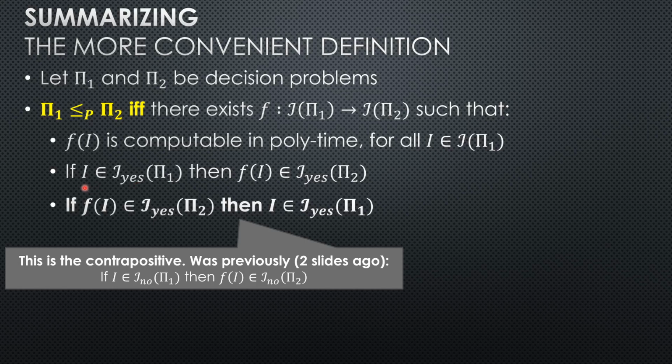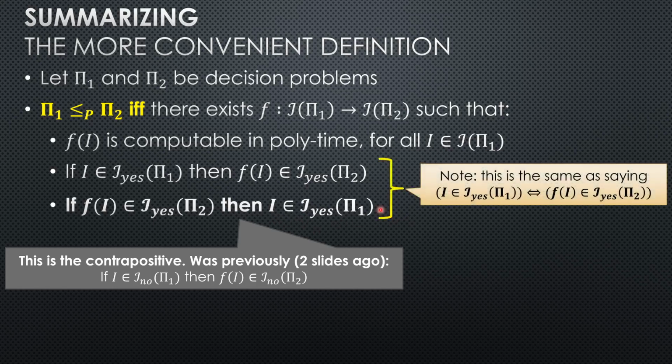If f of I is computable in this way, and if I is a yes instance of problem 1, then the transformed input is a yes instance of problem 2, and if the transformed input is a yes instance of problem 2, then the untransformed original input should be a yes instance of problem 1.